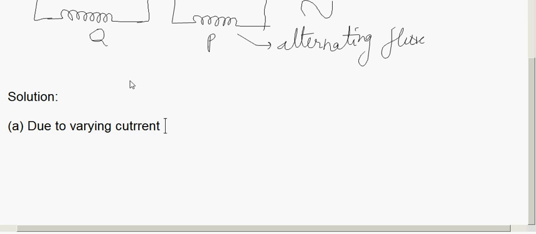You can write either varying current or alternating current. Due to varying current in coil P, the flux linking coil P changes. Or due to varying current in coil P, the flux linking coil Q also varies.